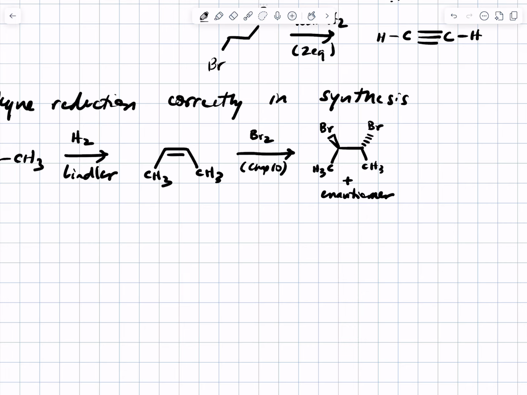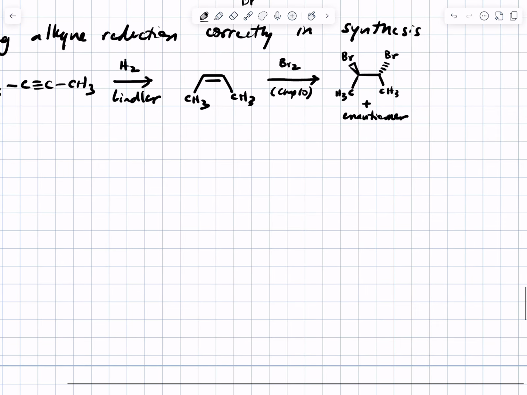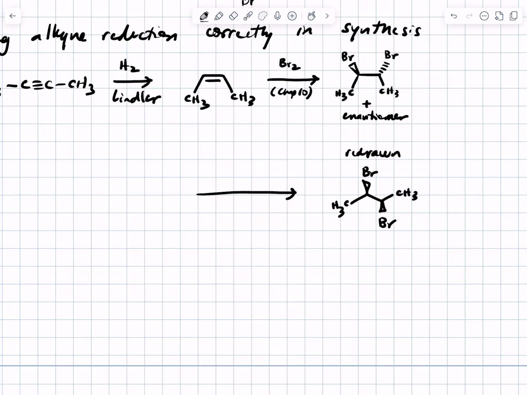Okay? Now, let me demonstrate how I could deceive you, because I'm evil, but since you got me monologuing, I'm going to disclose all my evil secrets before you. What if I draw this same product in the following way? And what if I don't show you what the reagents are?